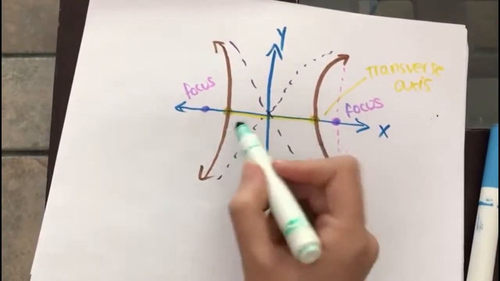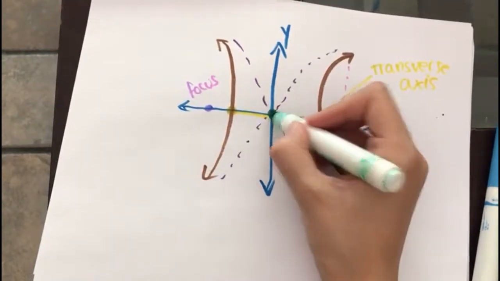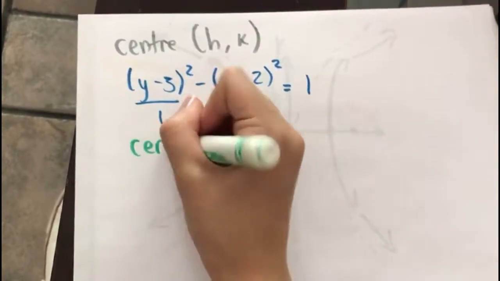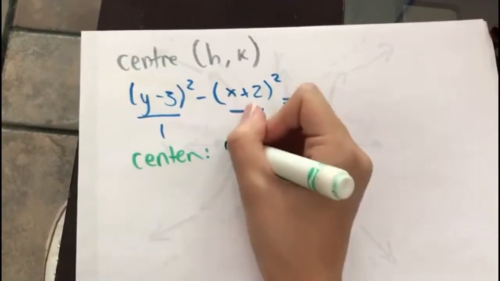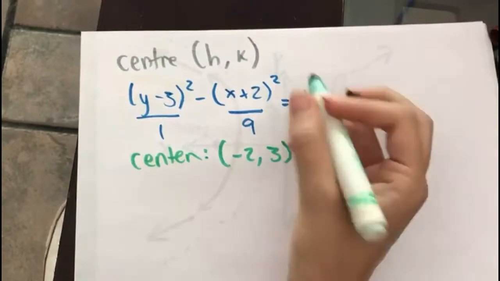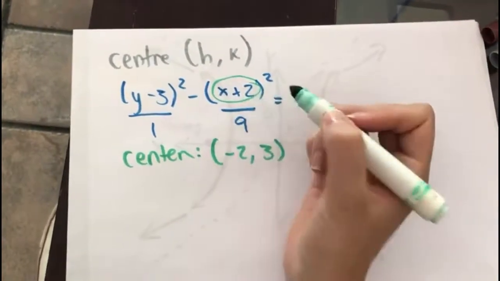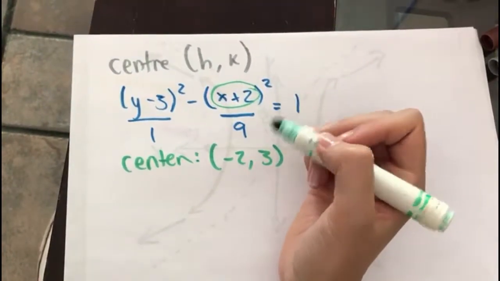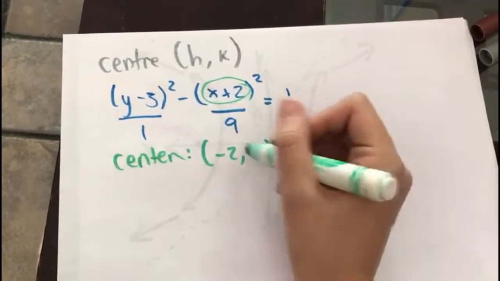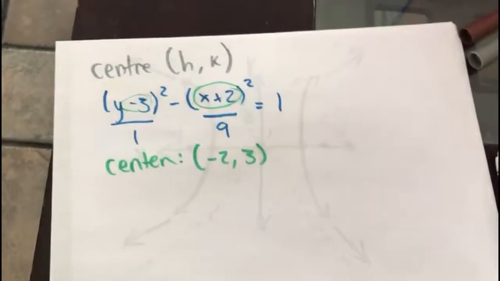And between the two vertices is located the center, which is at -2, 3, where x is -2 and y is 3.